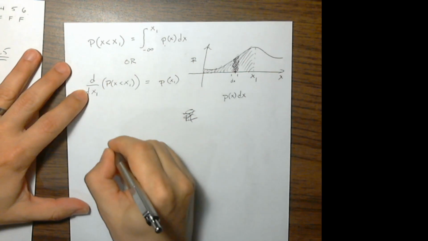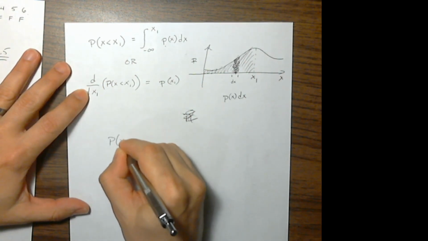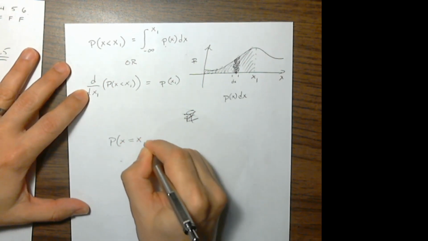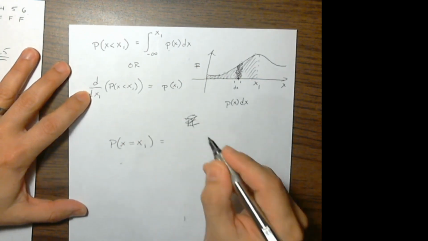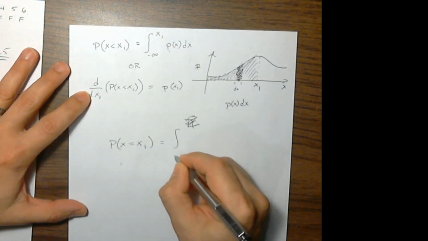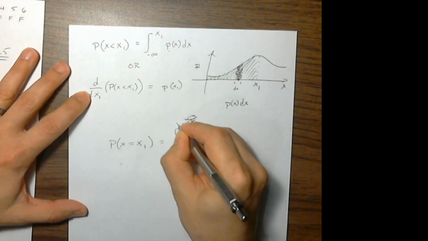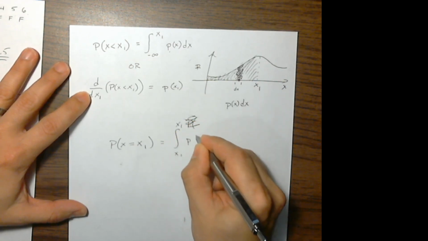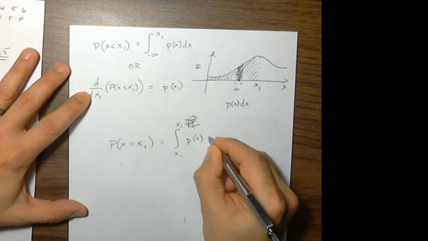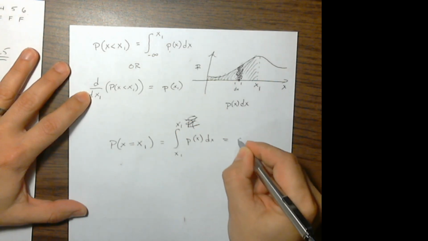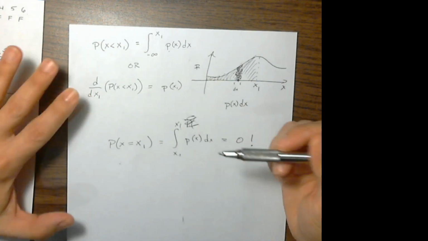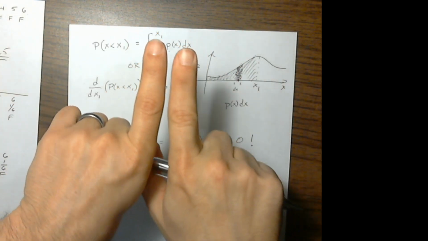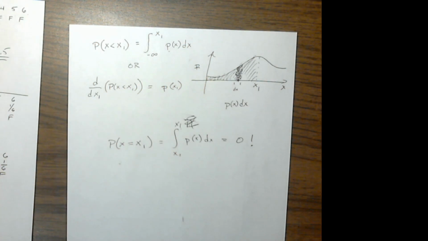So the probability that x is equal to x1 is equal to the integral over an infinitely small band, which is infinitely small. It's 0.